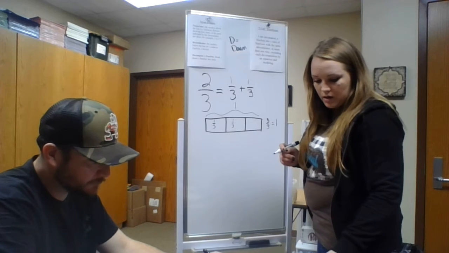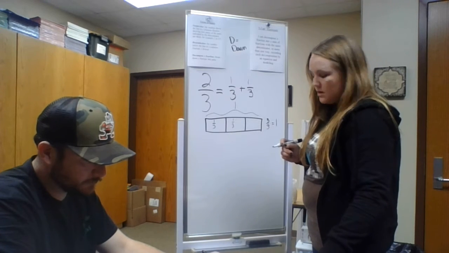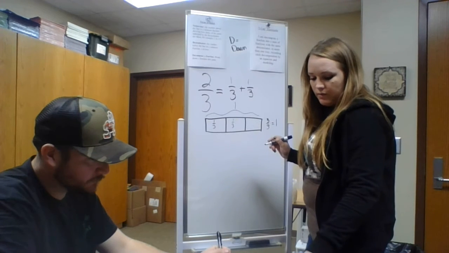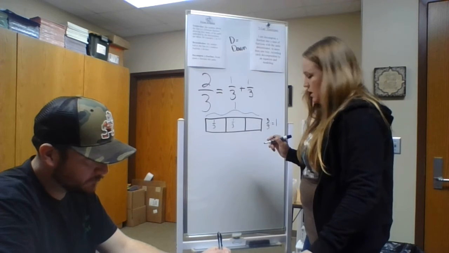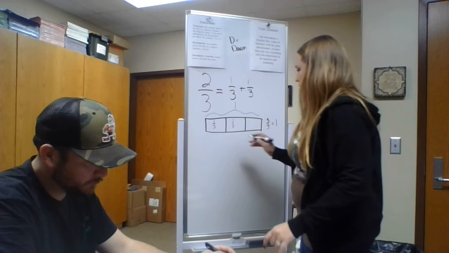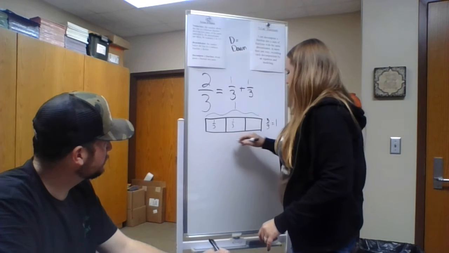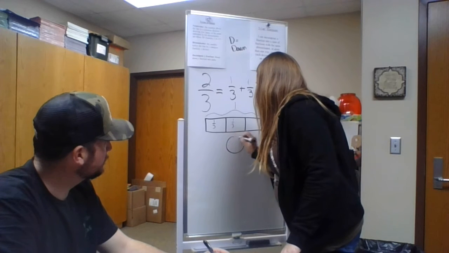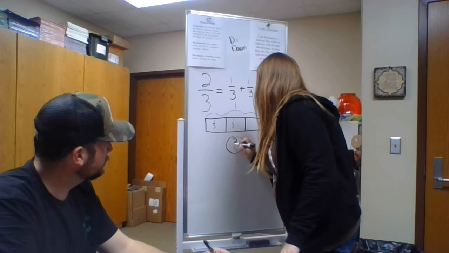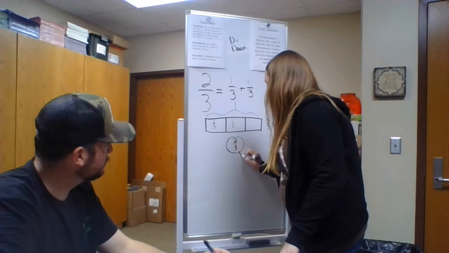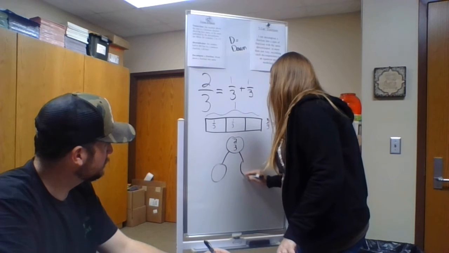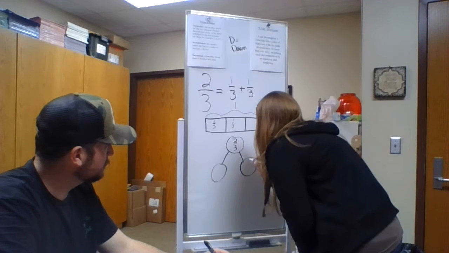Another way that you can do that, they're showing a model on your worksheet, and you can do this way if you want. I really just want to see the shading model more than anything, or the tape model is what they call that. You could also, if it made more sense to you, show 2/3 and then show that you're breaking it down and put which fractions you're breaking it down into right there.